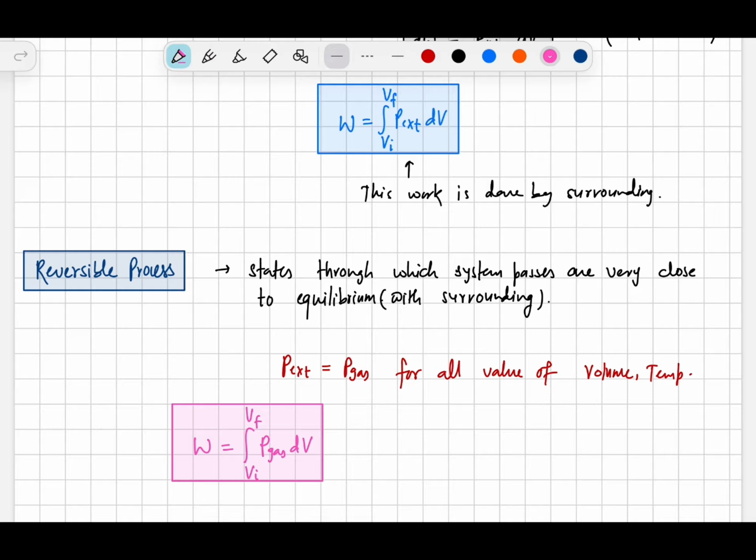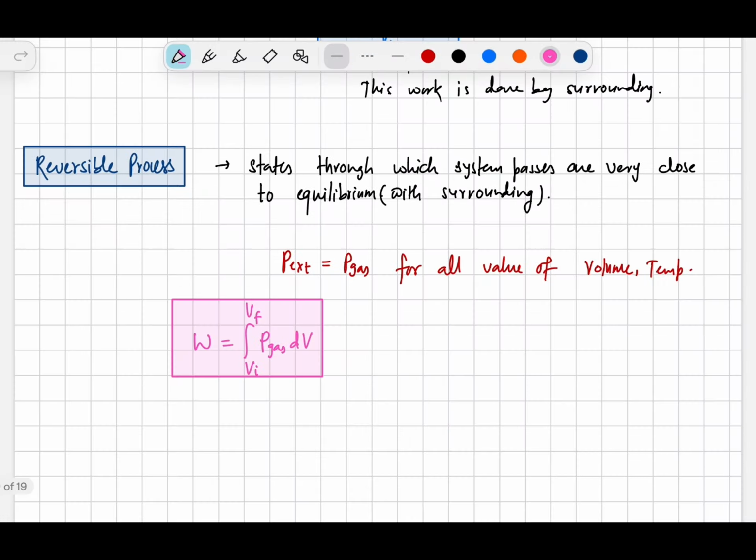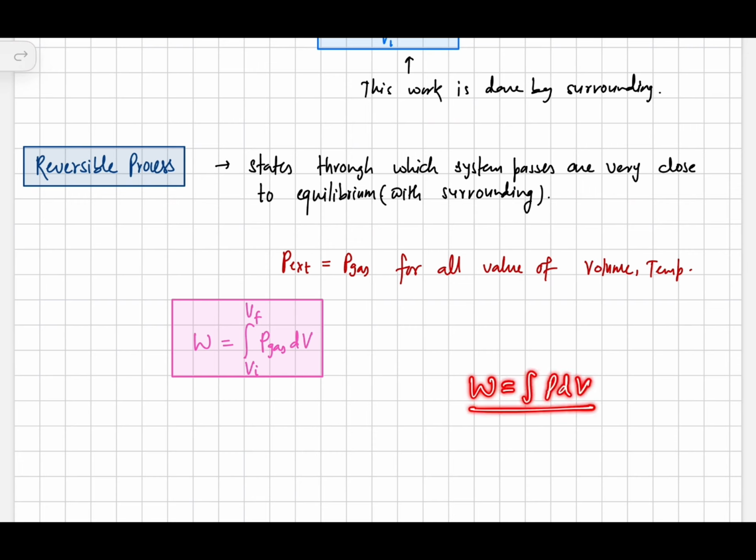Whatever you have seen in your classes, I don't know whether the teacher has mentioned this point or not. People casually write W equals PdV, but this P is always the pressure of gas in their notation, and they never mention that this is only valid for reversible processes. In general we don't write gas here, so we just write PdV, but fine, you can keep these things in the back of your mind.